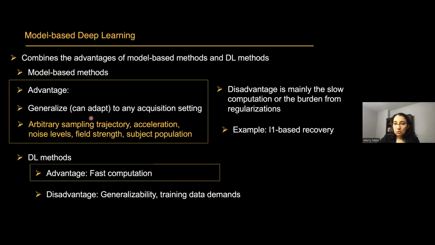And I hope it's also clear why we can generalize this method to any sampling trajectory, because any change in the acquisition parameters is handled by the model-based reconstruction part that takes into account the acquisition physics. It's only the Q-space regularization that is provided by the deep learning part, which we made fast using that pre-learned prior.